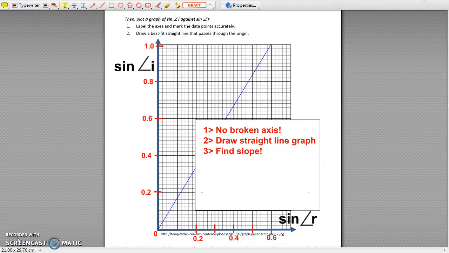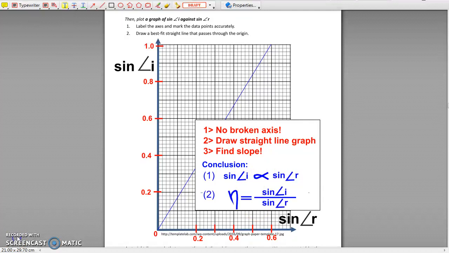A straight line graph in this case shows that the sine value of the refracted angle is directly proportional to the sine value of the incident angle, and hence, as Snell's law says, sine angle I over sine angle R equals a constant, and Snell called it the refractive index, eta.